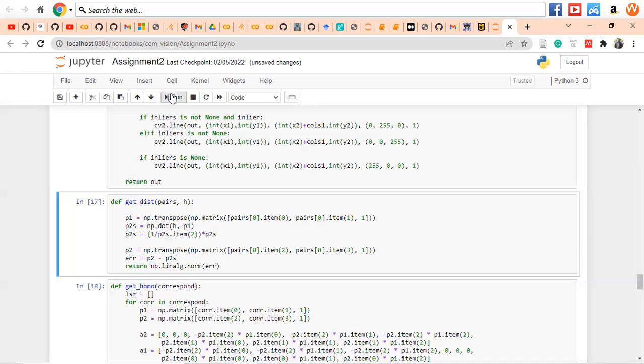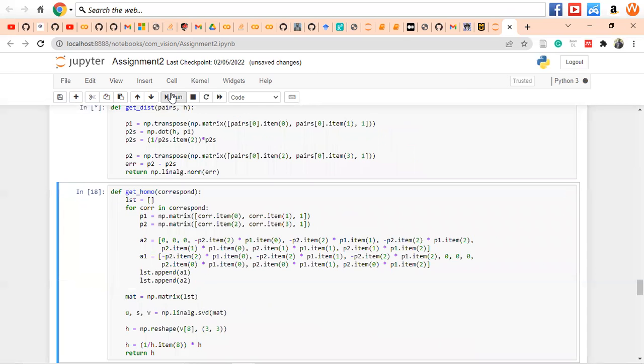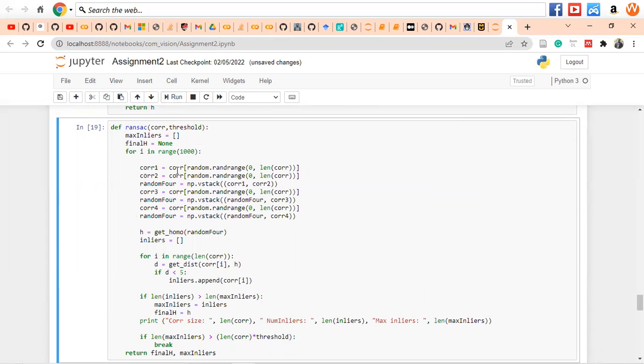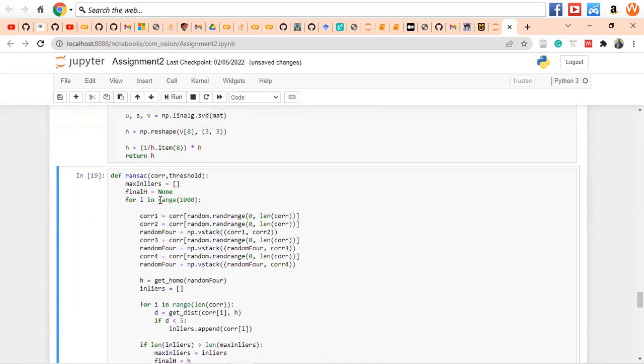The next is a function defined to get the distance between pairs of match points. The third was the homography matrix, or the function which does the homography, which is defined in here to get the homography points that we use to stitch the images.